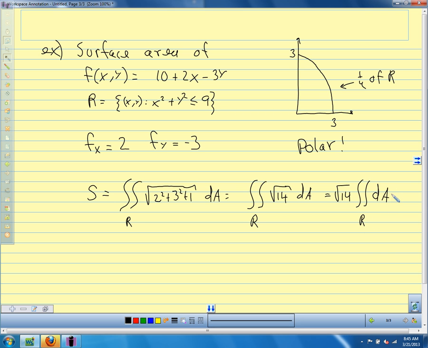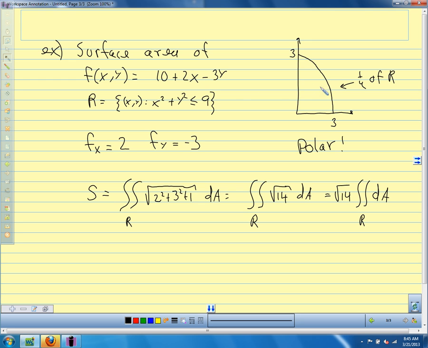What's a double integral of dA over a region? The area of the region, right? The integral of dA is just the area.